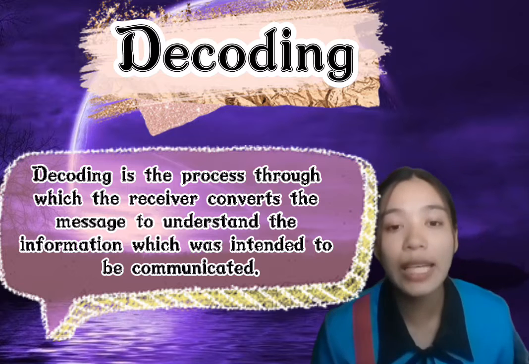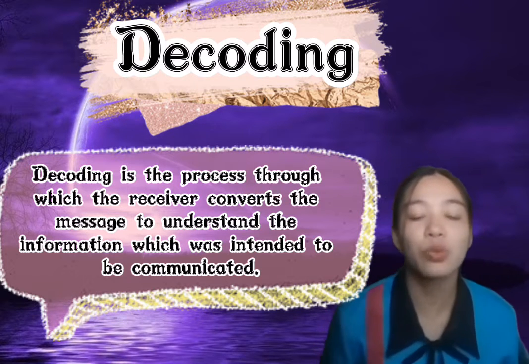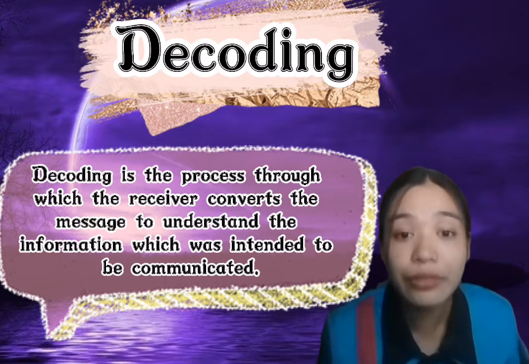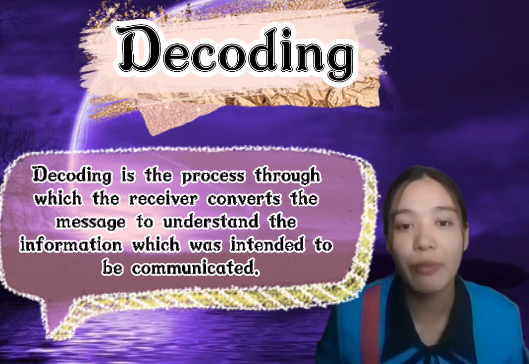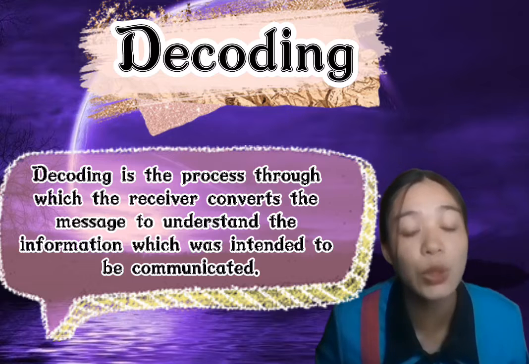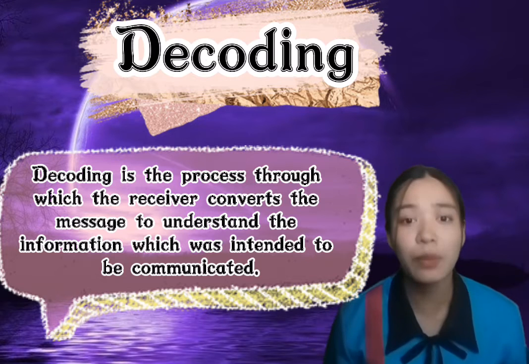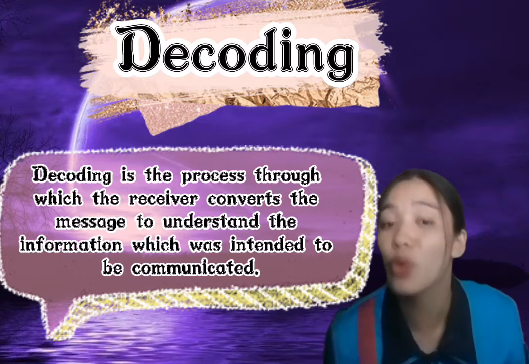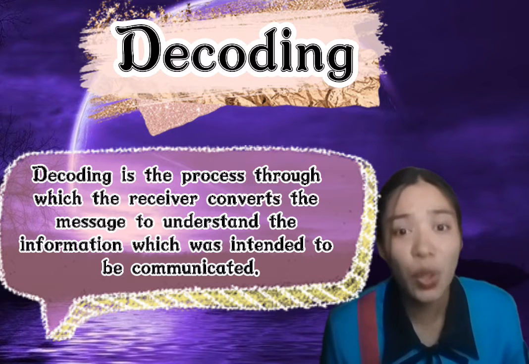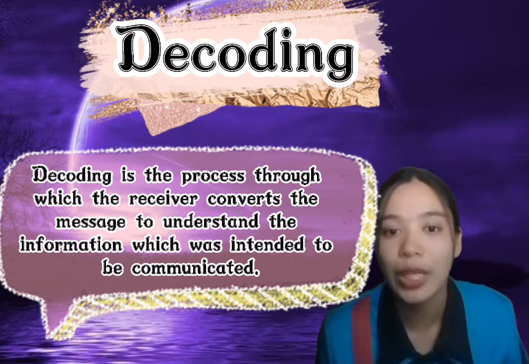This is where the receiver receives the message and converts it so that he or she can understand the main information being communicated. So decoding and understanding takes place only after encoding.